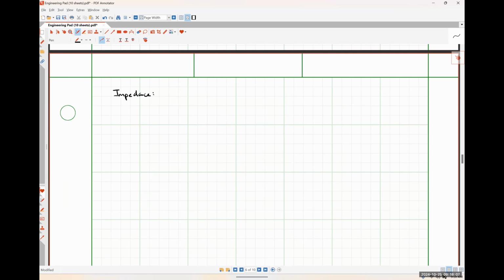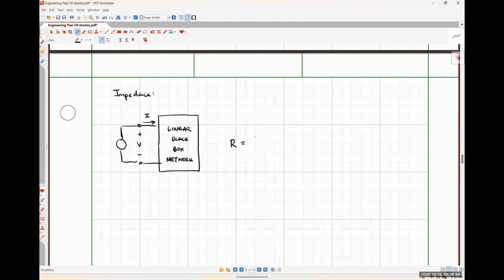I hope you can recall, because we've done this multiple times at this point, that whenever I have a linear black box network, and I excite this network with a DC signal, doesn't matter whether it's a current or a voltage, I measure the voltage drop across the terminals of the device and the DC current flowing into the device, and we defined the resistance R as the ratio of voltage to current. Okay.